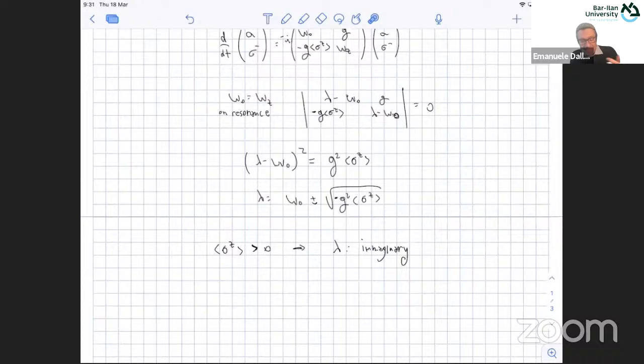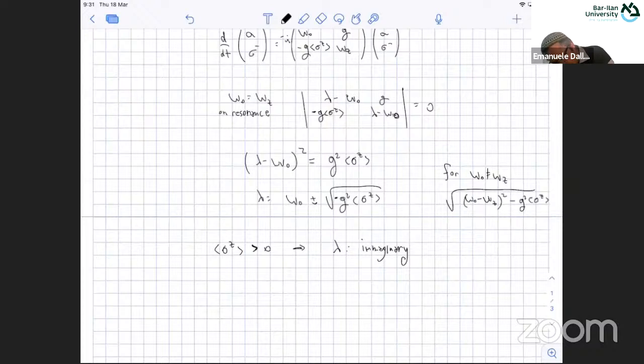What you will see is that, in order to have the term which is imaginary, not any sigma z is enough. If omega 0 is different from omega z, you will obtain something like omega z minus omega 0, squared, minus g squared, sigma z.